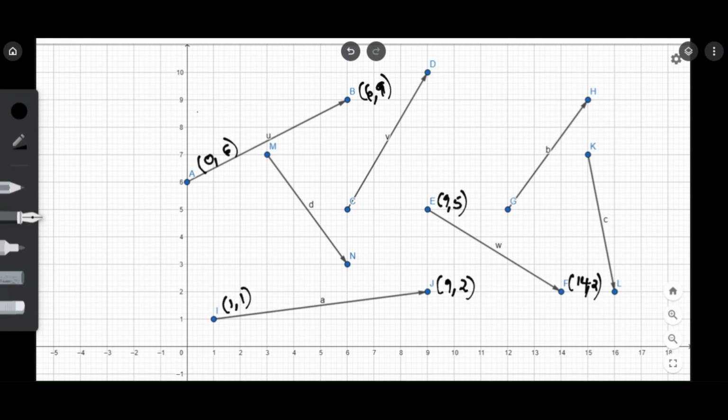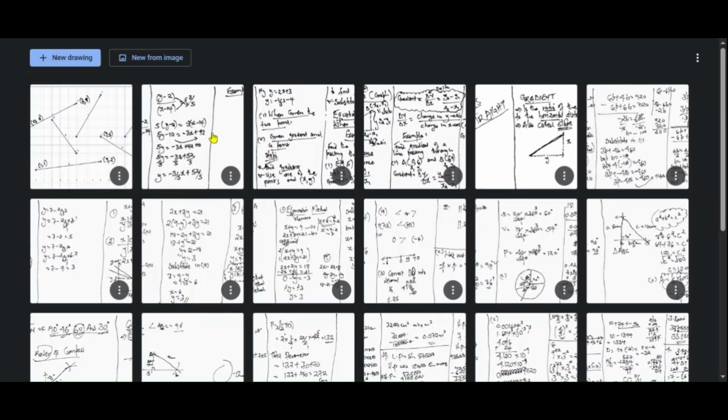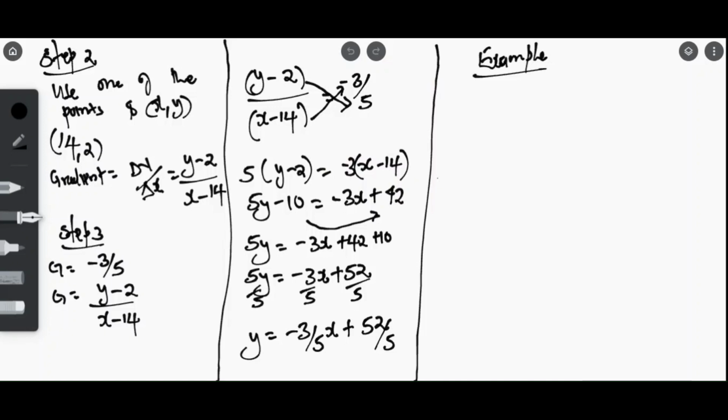Let me see whether I can get the equation of that line. 1 1 and 9 2. So this one is i and this one is j. So I want to find the equation passing through these 2 points.